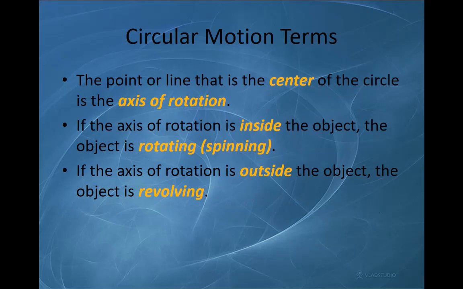If the axis of rotation is inside the object, it is said to be rotating or spinning on its axis. If the axis of rotation is outside of the object, it is then revolving. So let's take a look at this and talk a little bit about Pluto and Charon and why we ended up demoting Pluto to a dwarf planet.